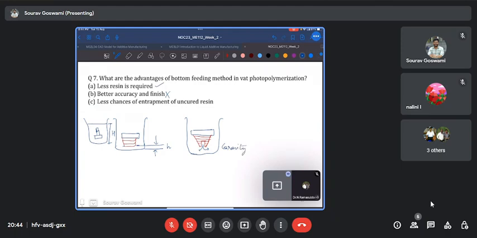Thus, even if in the subsequent step, the next layer were to actually cover this hollow section, there is very little chance of entrapment. Hence, this option is also correct, and we have options A and C in this case. These are the two advantages that bottom feeding approach offers over the top feeding in photopolymerization.